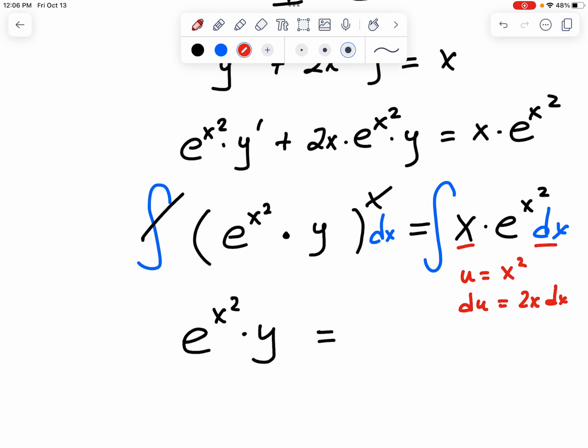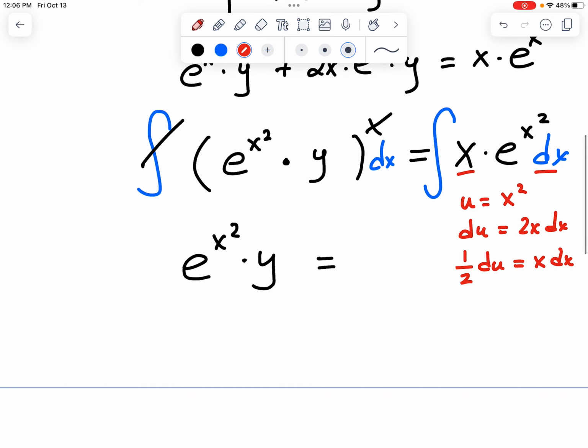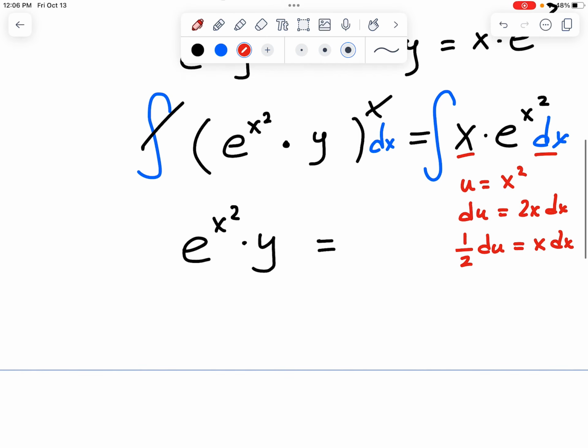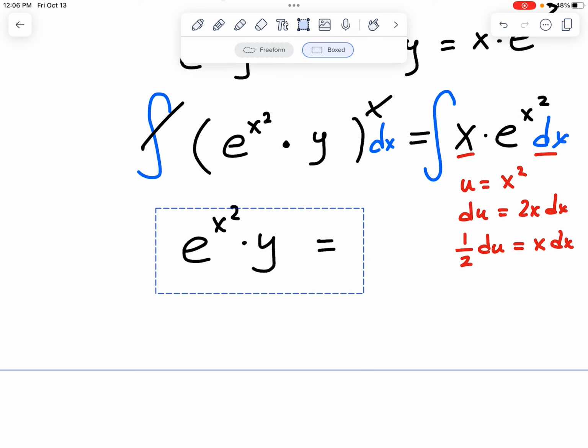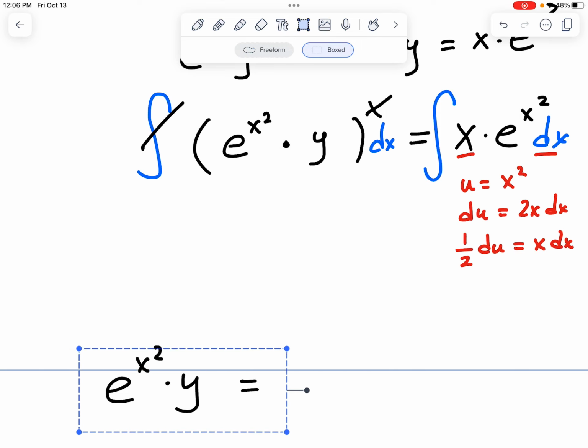And the problem does have x times dx, but it doesn't have the 2. So multiply both sides by a half, and then it's ready for the u substitution. And so it's then going to be, looks like I need to move this just real quick. Let me move it down here.